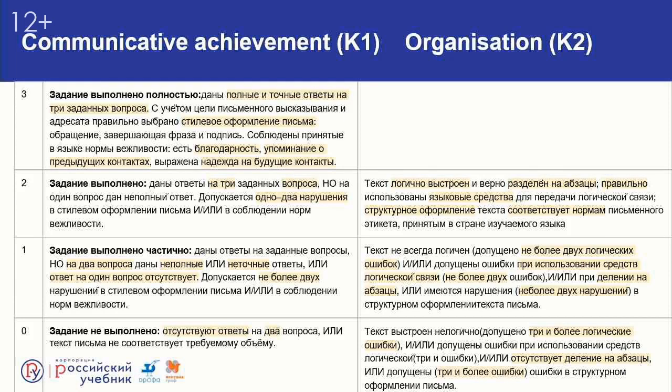They overlap a little bit. Very often one stems from the other. Our learner gets 0 if there are 3 or more logical mistakes, if the text is not divided into paragraphs the way it should be, and if there are 3 or more mistakes in the way our learner decided to organize their piece of writing.